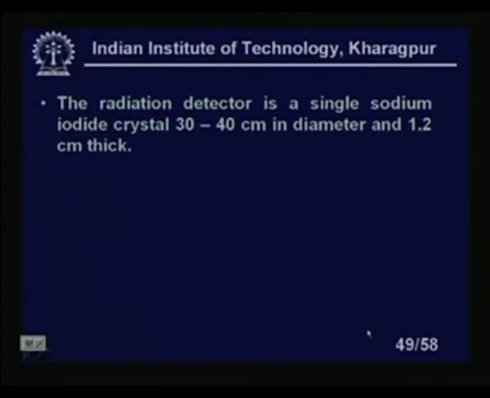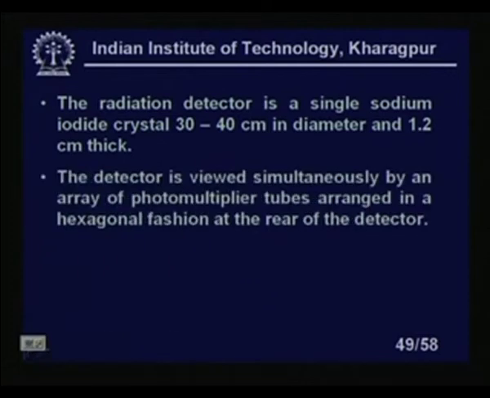The radiation detector is a single sodium iodide crystal 30 to 40 centimeters in diameter and 1.2 centimeters thick. This is quite large. The detector is viewed simultaneously by an array of photomultiplier tubes arranged in a hexagonal fashion at the rear of the detector, as shown in the figure.